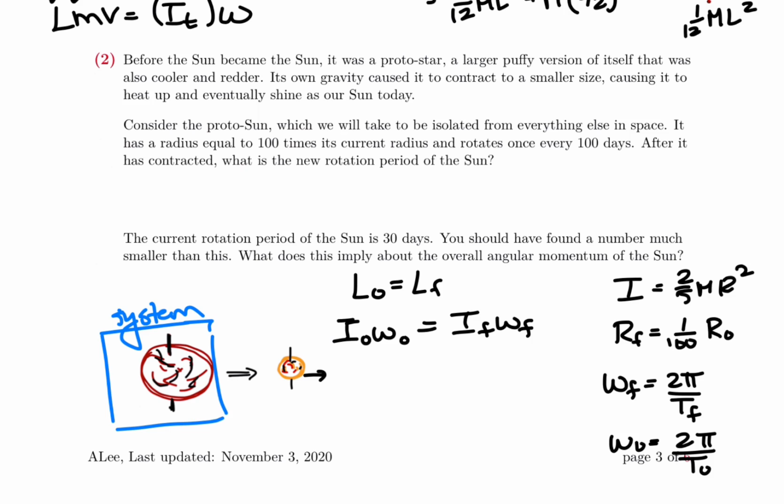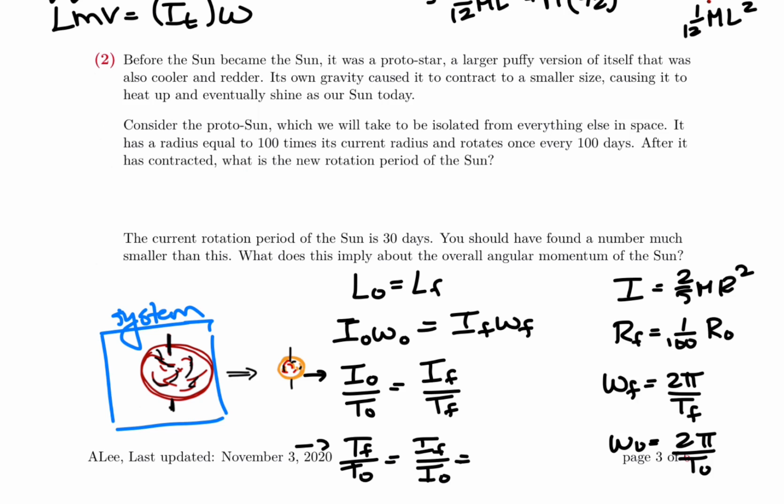So I could also write this expression as I initial over T initial equals I final over T final. There's some 2 pi's as well, but they're on both sides and would cancel out. So I might write this as T final over T initial equals I final over I initial, which is kind of nice because I've conveniently set this up as a ratio.